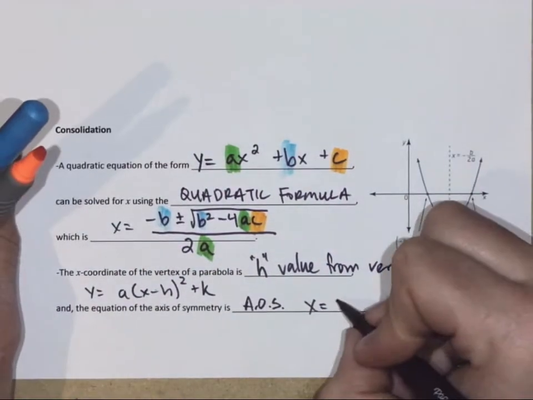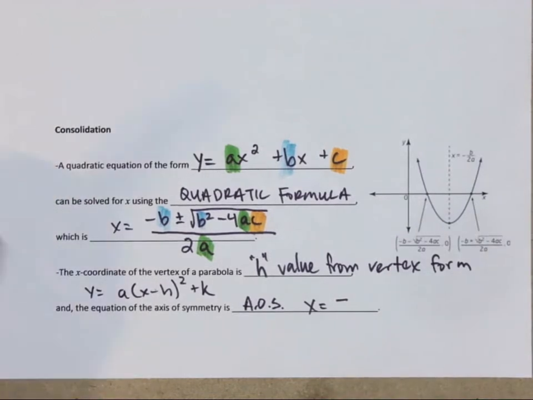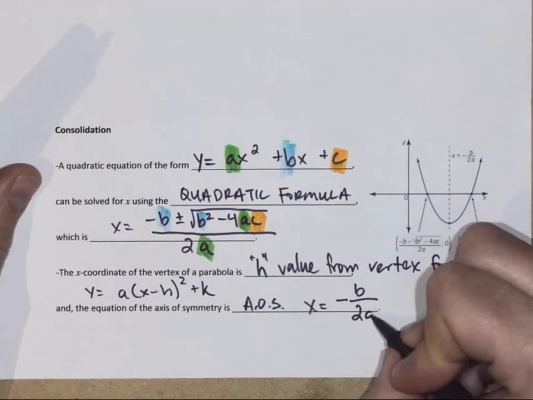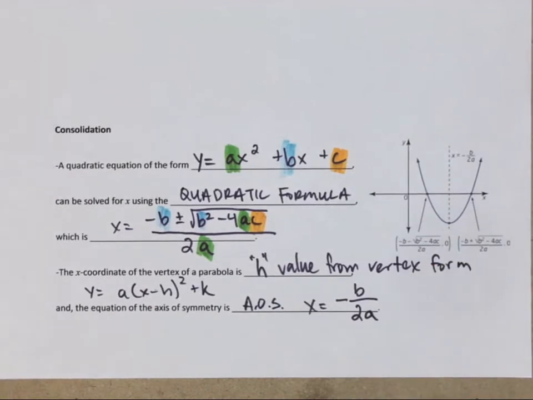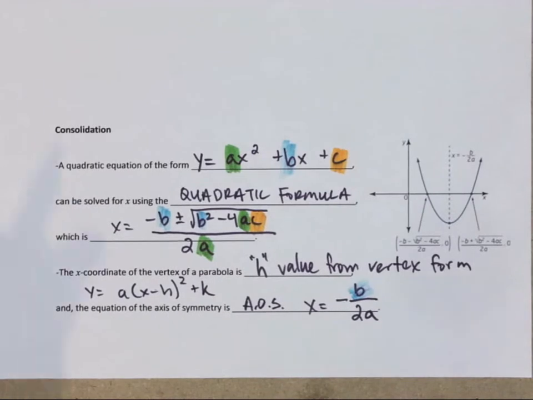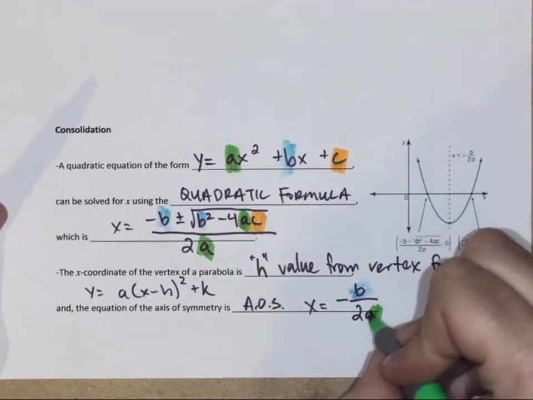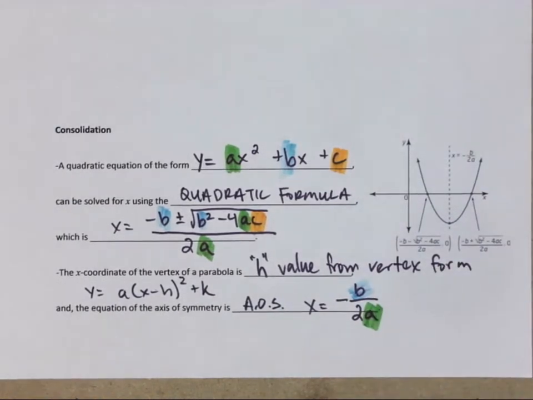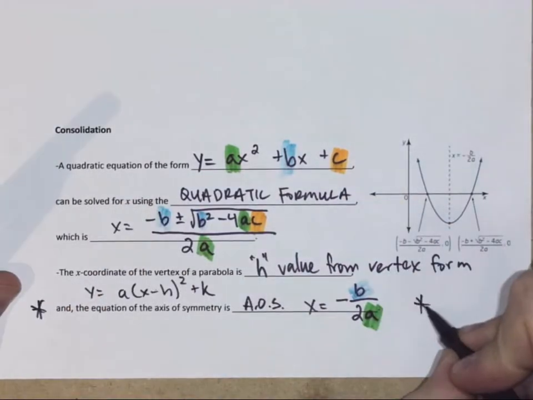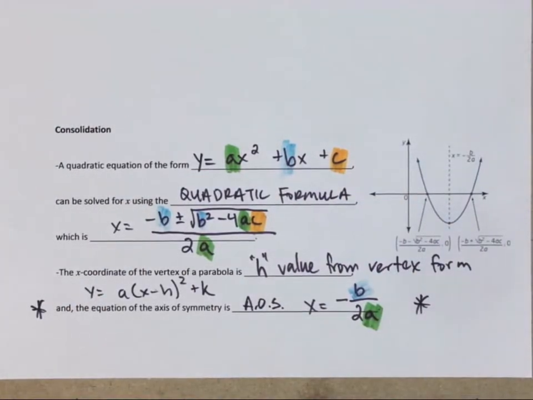It is negative our b value in standard form divided by 2 times our a value. And so if anything, this is the main idea from 4.07. We would have spent a lot of time deriving it ourselves, but that is the main idea.